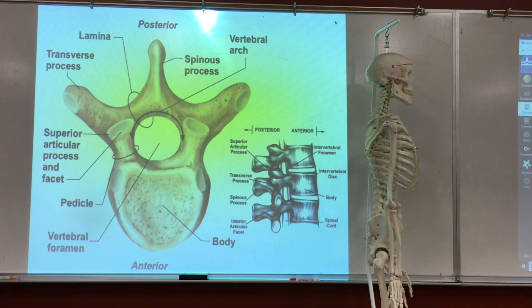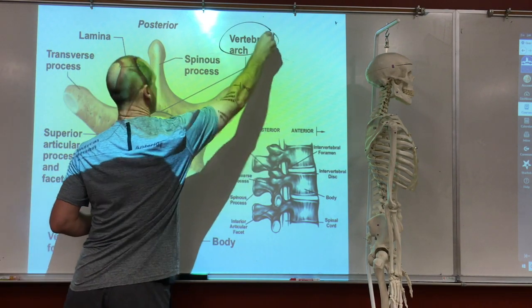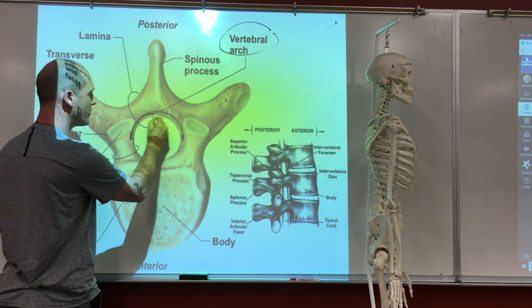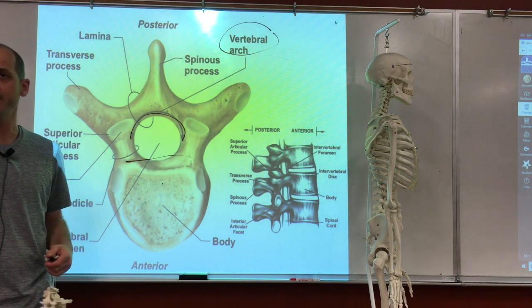Can you name the four main pieces that make up the vertebral arch? Choose all that apply. Let's see. I thought it was all of them. It's wrong. Yeah, it is wrong. The L word and P word. So see, here's the arch. Vertebral arch, from here to there. So that's the base. They don't count the body in it.